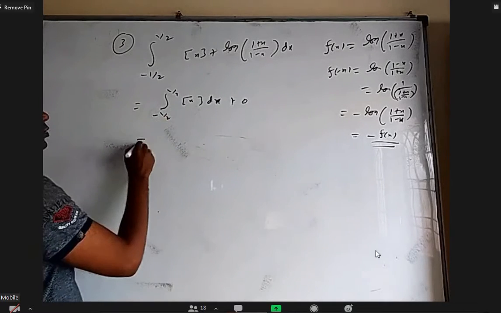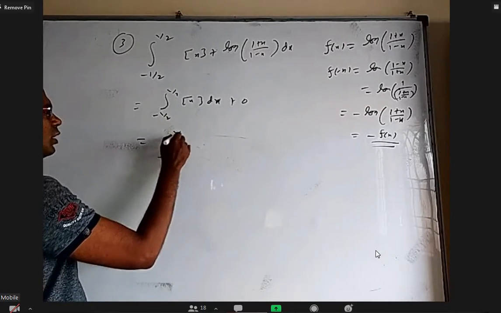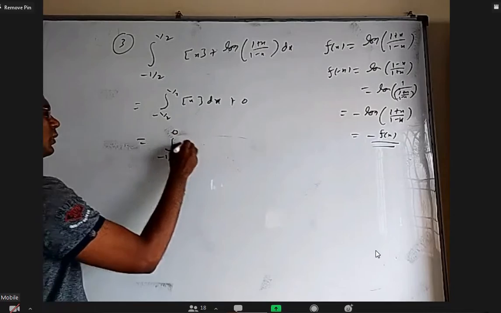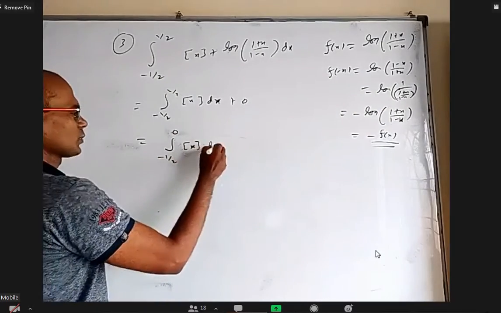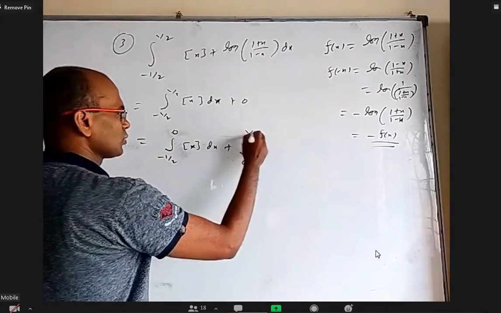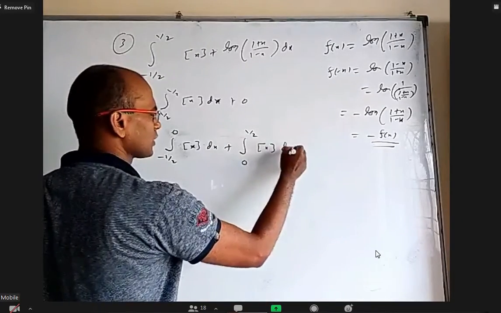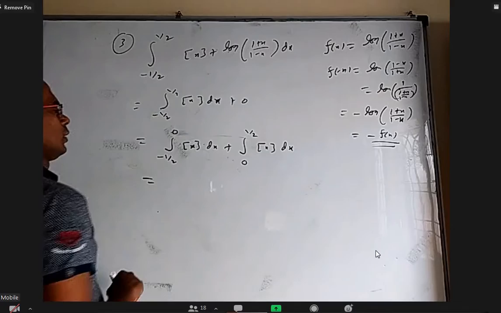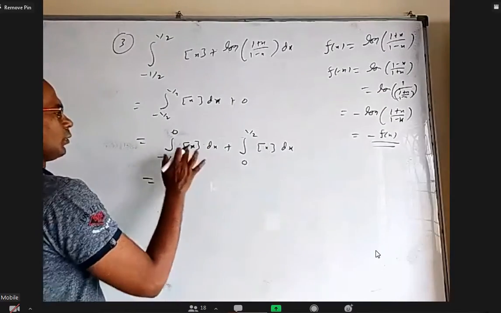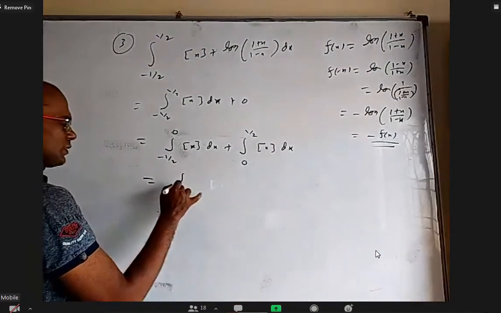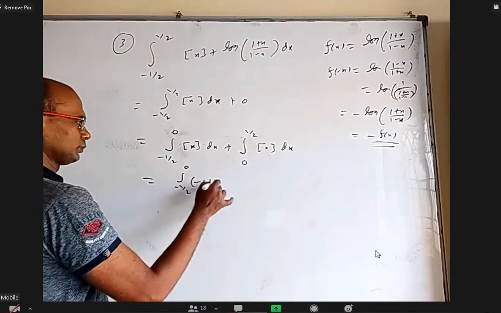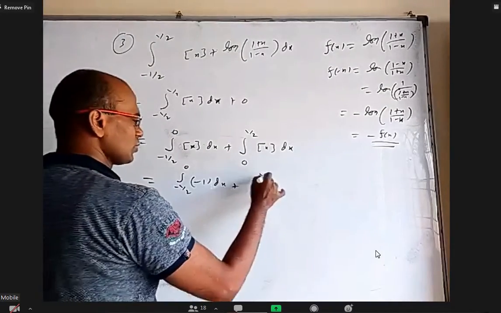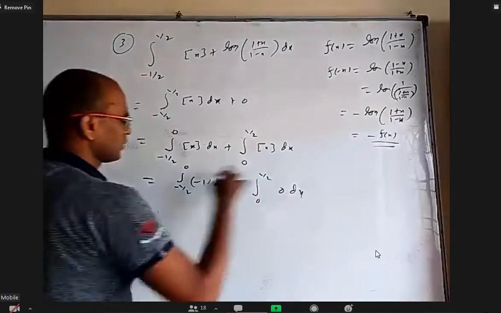Now coming to this, you can write integral from minus 2 to 0 of the integer part of x dx plus integral 0 to half of the integer part of x dx. Between minus 2 and 0, the integer part of x is minus 1, whereas between 0 and half it is 0, so we will not have anything there.